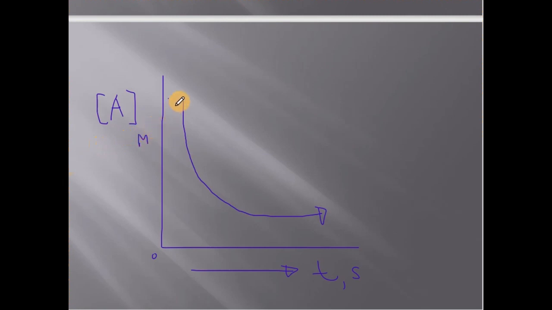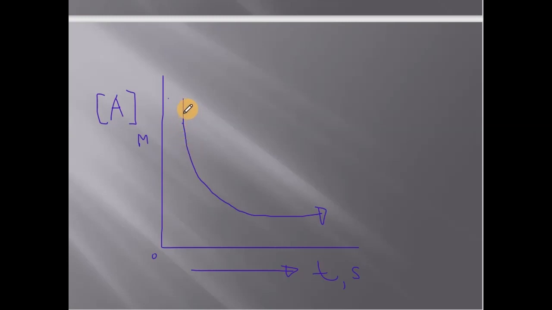So this curve is a plot of the concentration of the reactant against time. The slope of this curve, which is basically the tangent that touches a point on the curve, is the rate. If I want to find the slope of this curve, I will just draw a tangent to touch one point on this line.